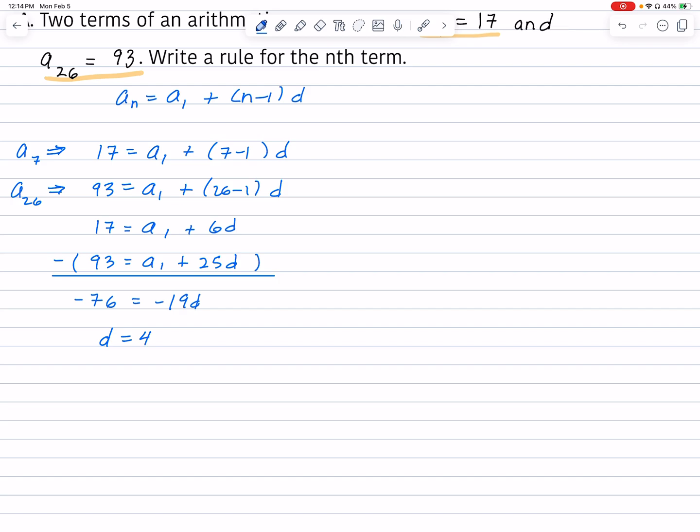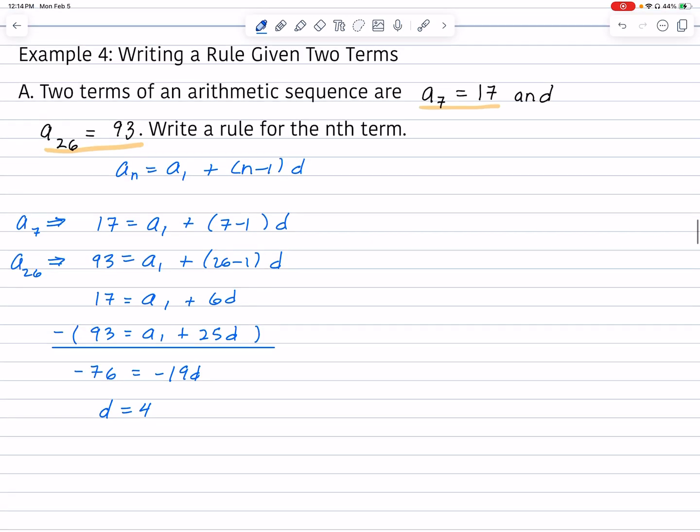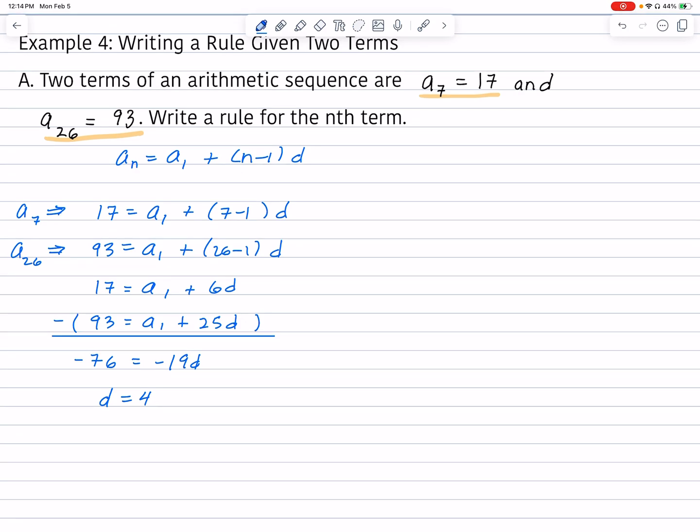Okay, so now we're back to what we did the other day: we have the common difference, we have two terms, so I'm just going to take one of my two terms. I think I'm going to choose this one, and I'm going to rewrite the formula, but now I know what d is, so I can plug it in.